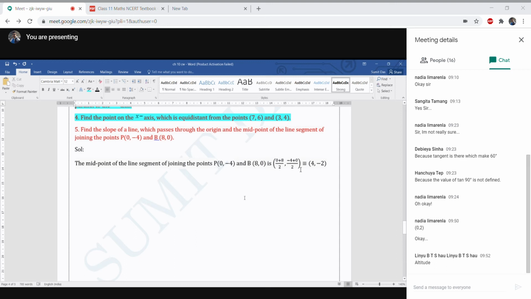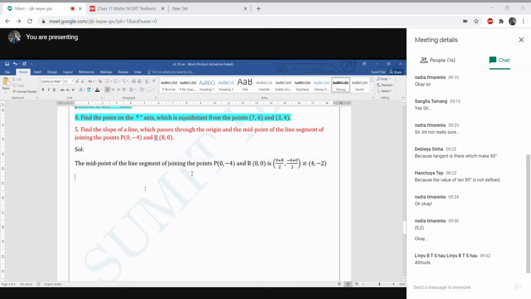So now again read out the point. Find the slope of a line which passes through the origin. What is the origin? Origin coordinate is (0, 0), and the midpoint of the line segment joining these two. So midpoint we got this (4, -2).